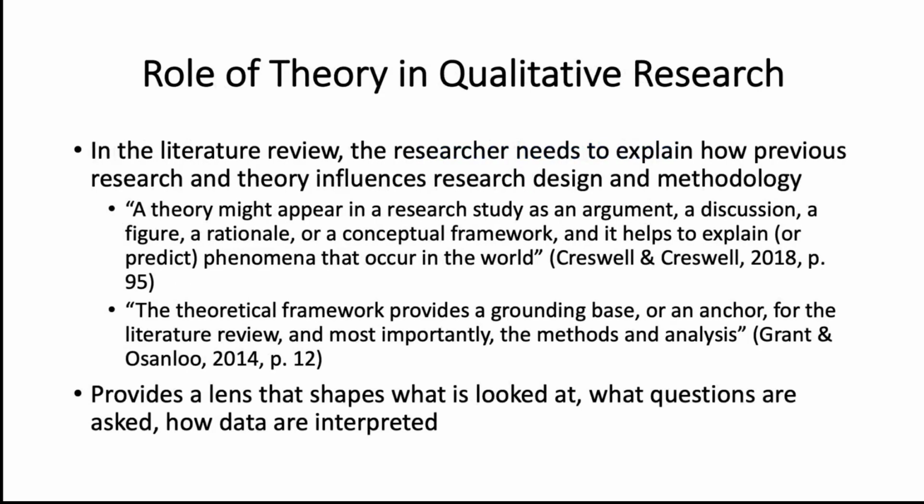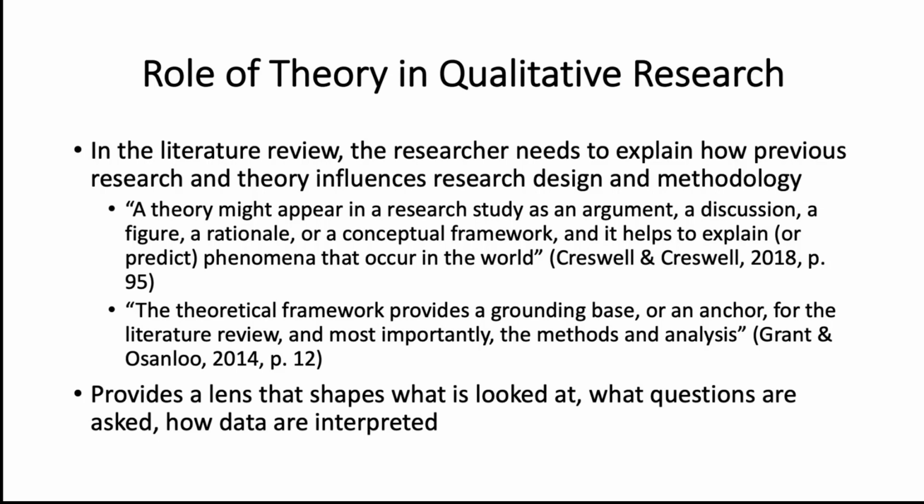So ultimately, the role of theory in qualitative research is that it is the researcher's job to situate their own work within what's already known, within existing literature, within existing theory, and to describe how existing work influences the research design and methodology. Essentially the theory provides a grounding base or an anchor for the study, and it ultimately influences the methods and the analysis.